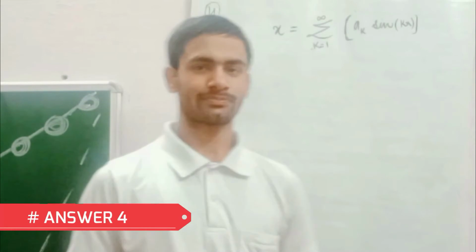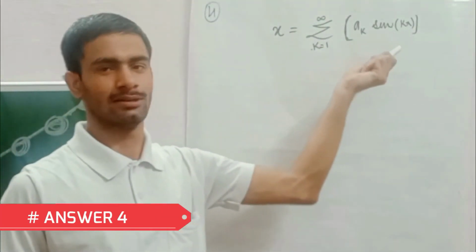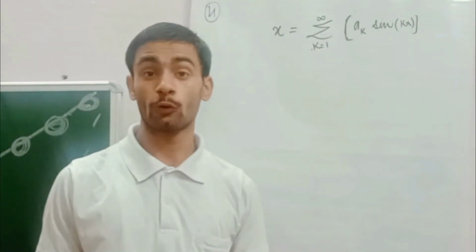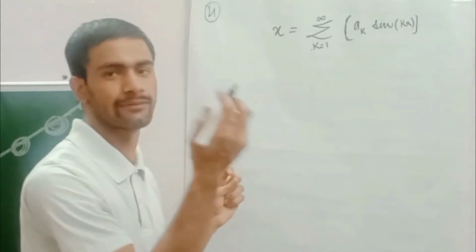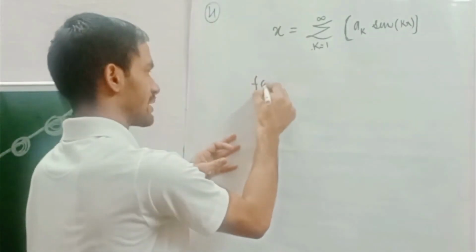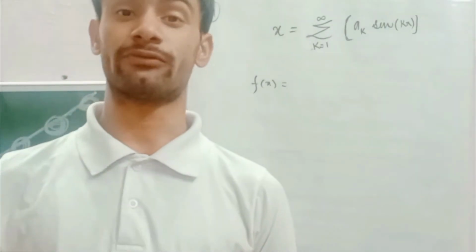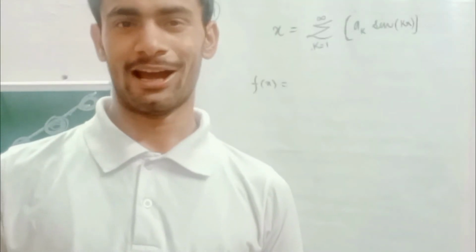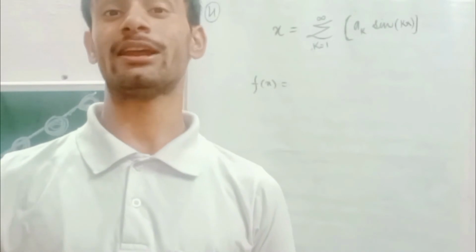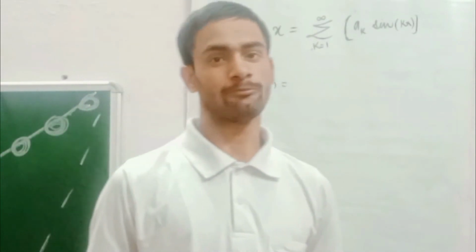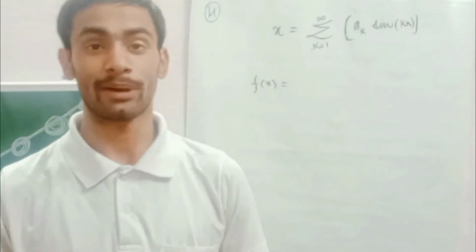Question number 4 is directly from Fourier series. Recalling the Fourier series, f of x, that is any function, can be written as a periodic function. And let me tell you, this has very significant importance in the development of quantum mechanics.